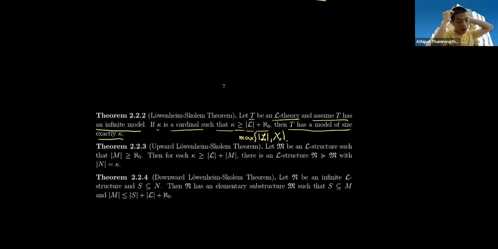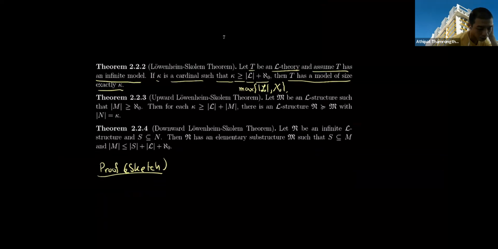Okay, and the idea of how we can construct this is that we can show it by using the completeness theorem or the compactness theorem. You can use either one. Here is the proof sketch.